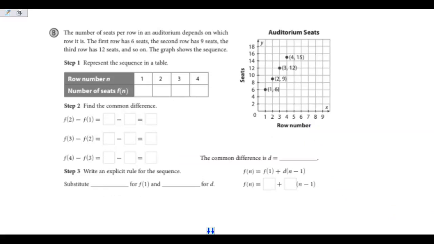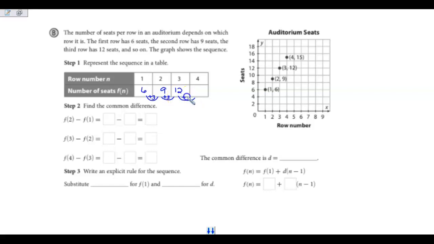B, the number of seats per row in an auditorium depends on which row it is. The first row has 6 seats, the second row has 9 seats, the third row has 12, and so on. The graph shows the sequence. So the first row has 6 seats, then 9, then 12, and the difference here is we're adding 3 each time.